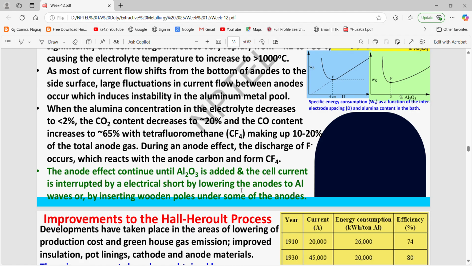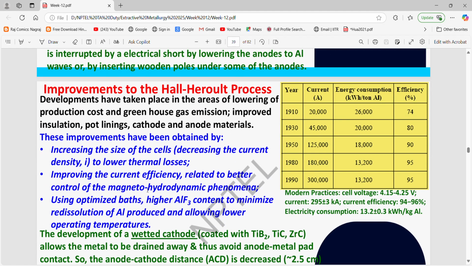So this CF4 will get formed. So again, when we charge fresh alumina into the electrolyte bath, the cell current will be interrupted for some time and we have to provide a very high electrical short, by lowering the anodes to the aluminium base or by inserting wooden poles under some of the anodes.